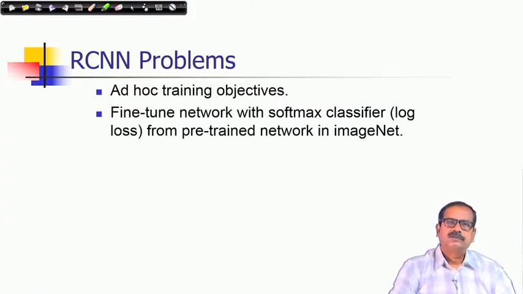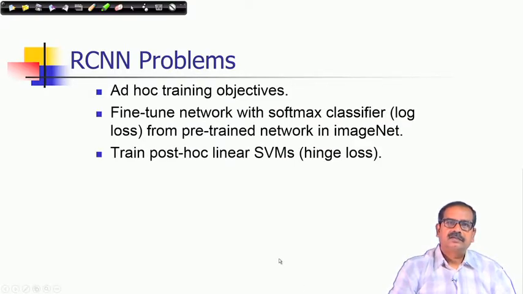You can use some pre-trained network, but again you need to do fine tuning based on your problem domain. That is required, and also you need to once again train the SVMs, support vector machines, based on those features, and usually feature descriptors are quite large. So, this will take a lot of time.